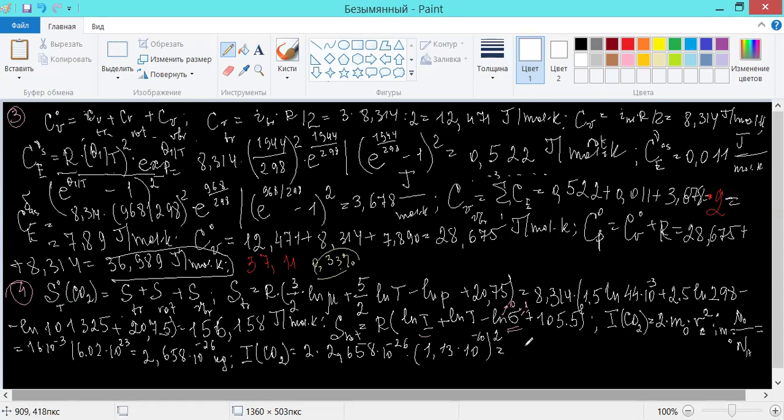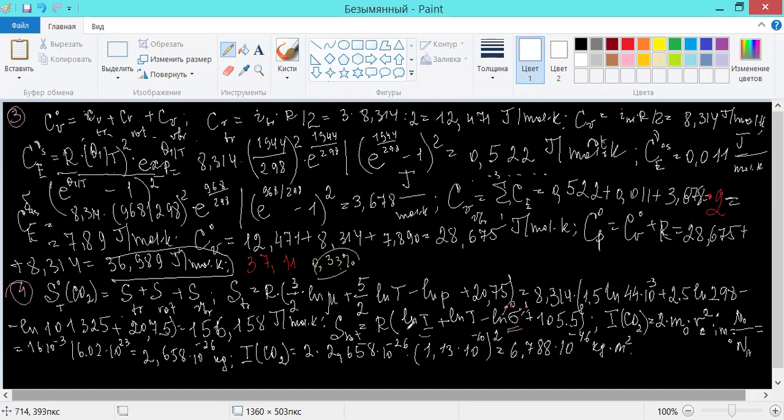And that will give us 6.788 times 10 to the minus 46 kilograms times meter squared.